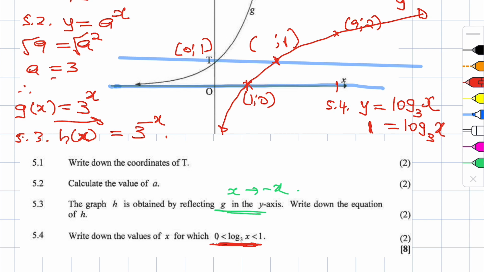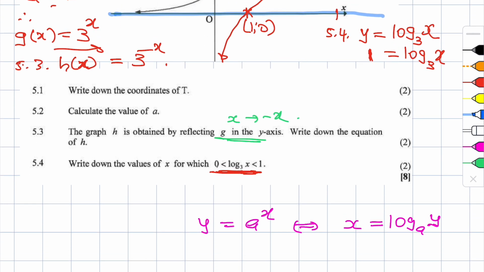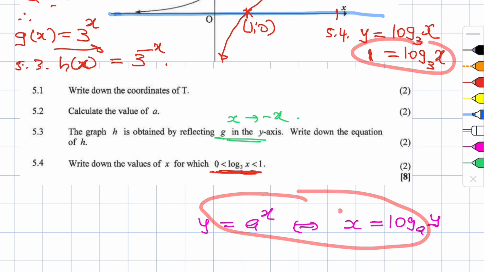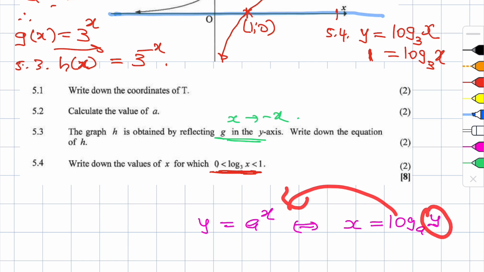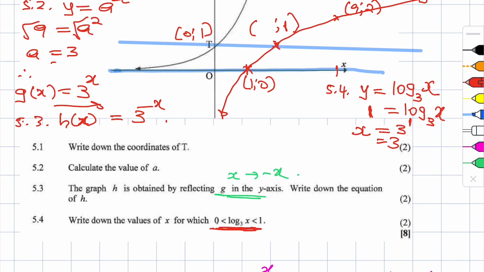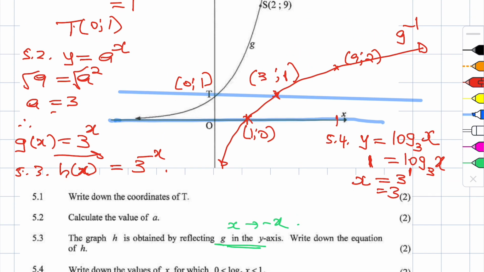From there, you're going to change this log form into exponential form. You start with this y, make this a base, and then that will be an exponent. So in the same way here, you're going to have x is equal to 3 to the power 1. So x is equal to 3. So we have our coordinate here, that is 3.